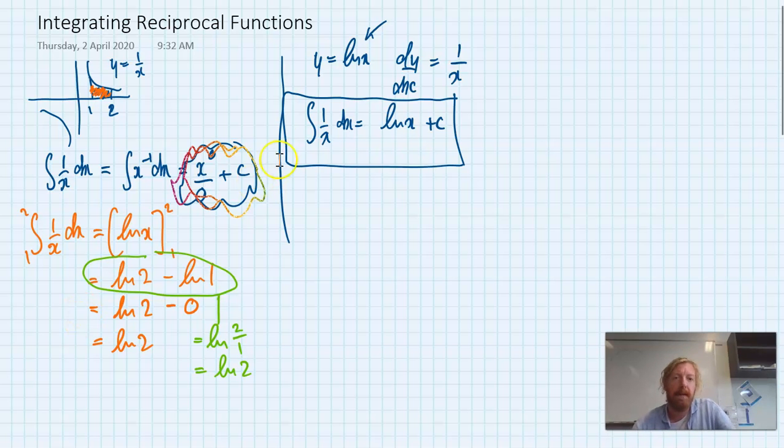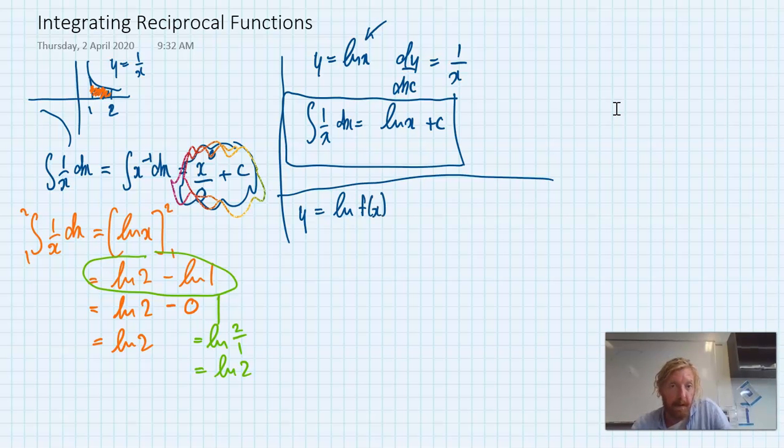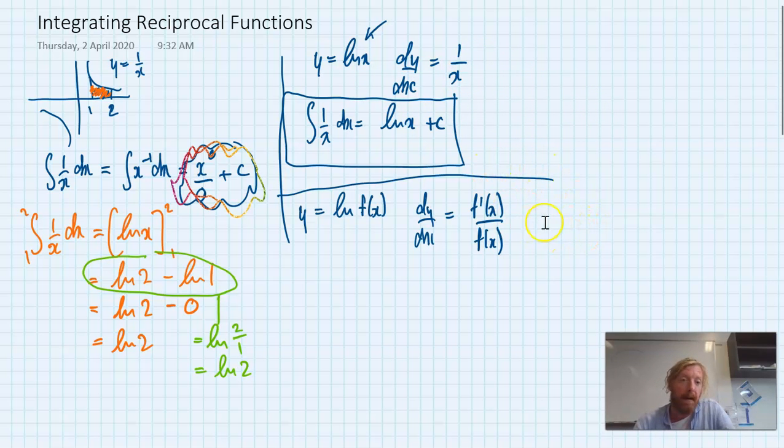We've got this guy here, okay, and now I just want to extend that to make it a more general case. We also saw that if y equals ln f of x, then dy dx equals f dash x on f of x. Now I know in the other ones we kind of did it for a singular, then for linear, then for any function, but I think we can just skip the linear here because a linear function is just a function.